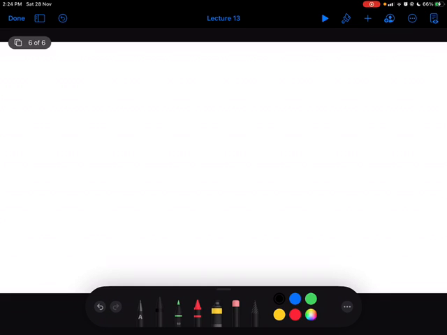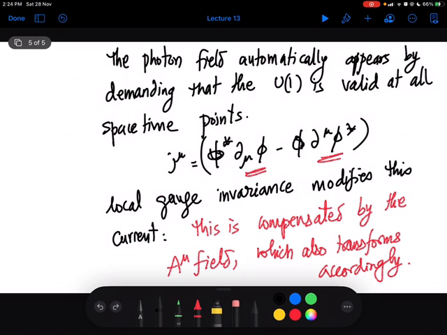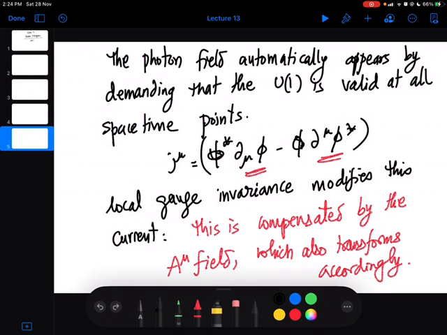Good. Just to go back. So this is compensated by the transform, and the current acts like a source at every space-time point. Now, what does this local gauge invariance mean?